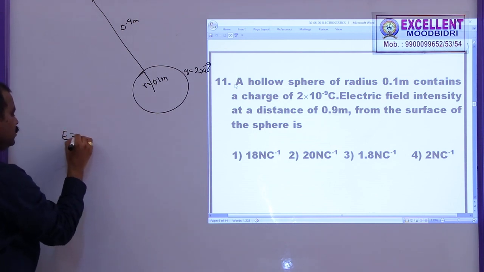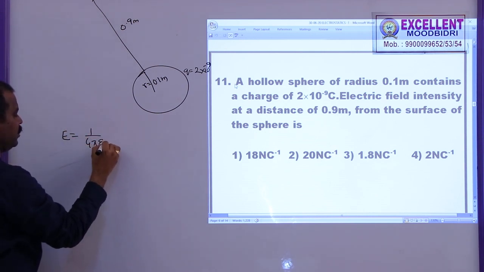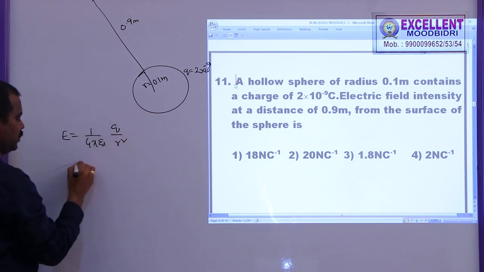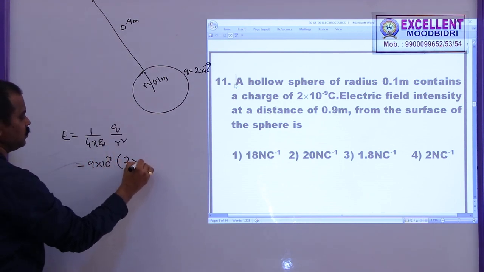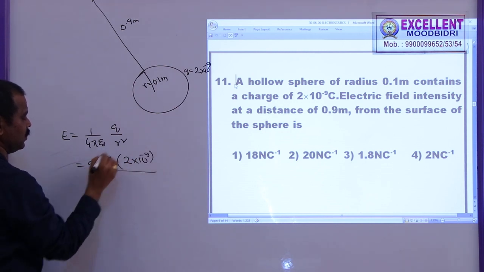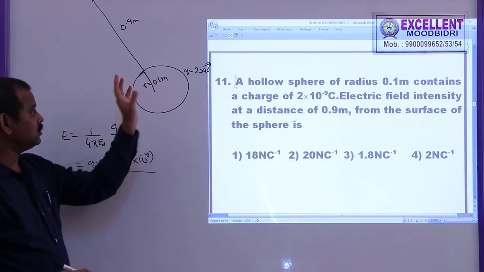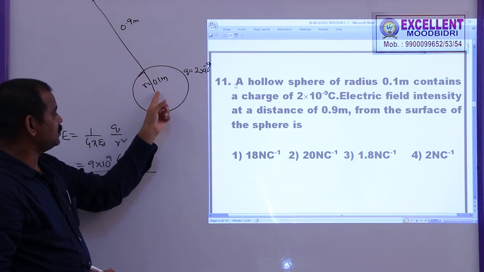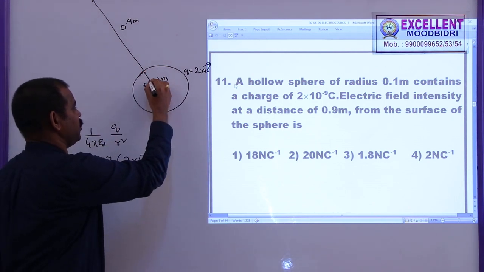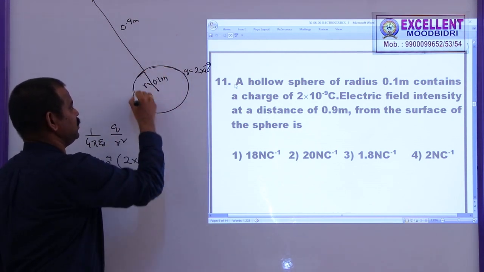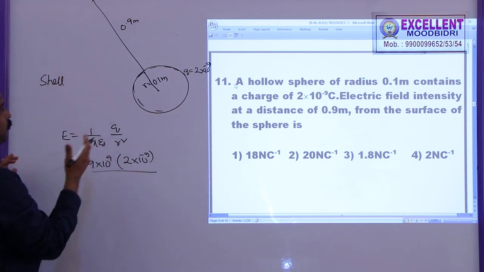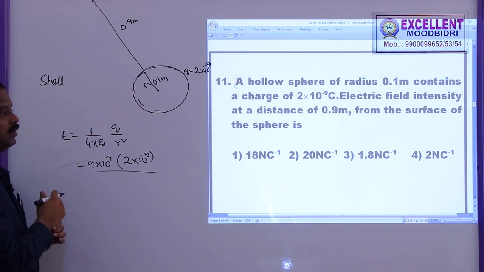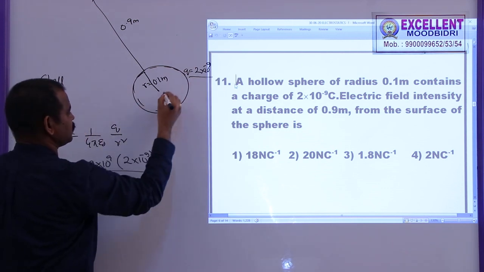Electric field is given by 1 by 4 pi epsilon naught Q by R square. This is 9 into 10 power 9, and the charge is 2 into 10 power minus 9. R is the distance from the center of the sphere to that given point. Even though charge is spread here, according to the shell theorem, when we are finding the electric field outside a sphere, we have to assume that the total charge is concentrated at the center.